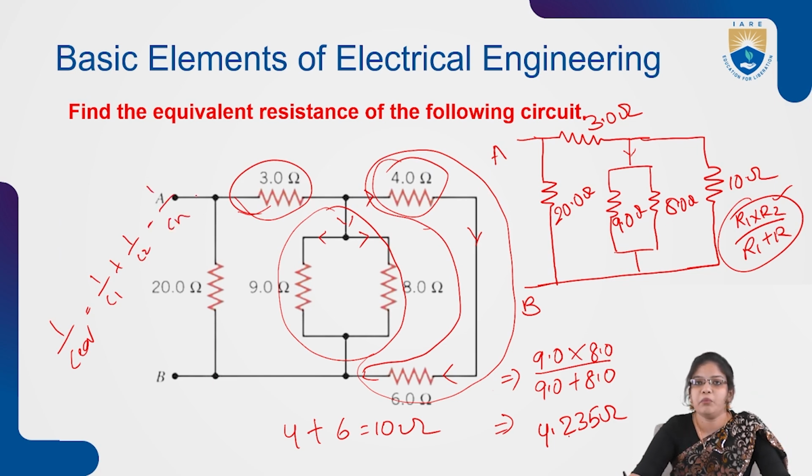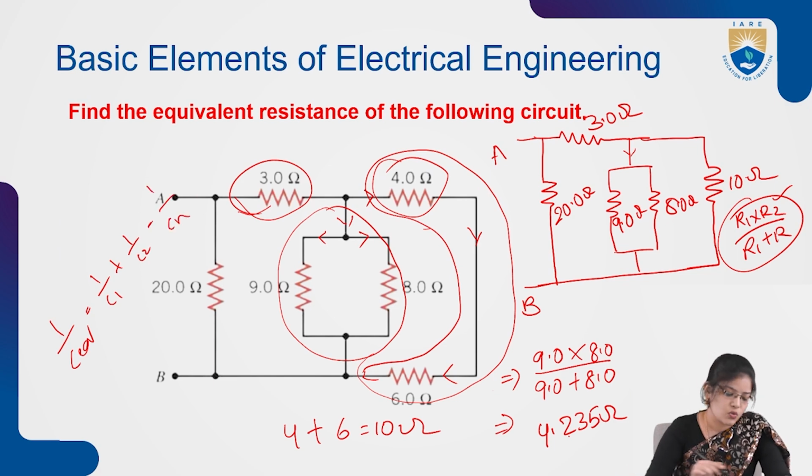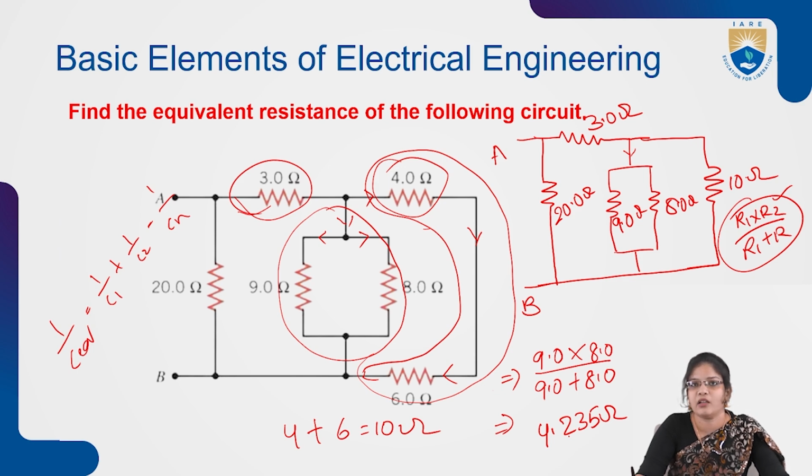If capacitors are connected in parallel, we need to add. If two capacitors are connected in parallel, we have to add them as C1 plus C2. If n number of capacitors are connected in parallel, we have to sum all of them, so C equivalent is equal to C1 plus C2 plus C3. So it is opposite to the resistance and inductance, but the equivalent calculation for resistance and inductance will be the same.